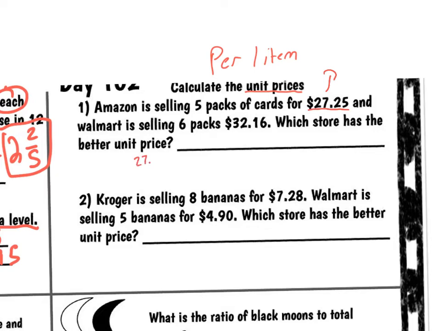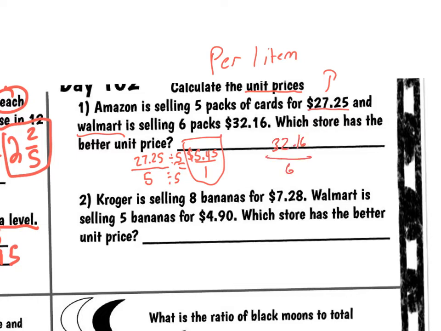So you have $27.25 over 5 packs. Remember, we want it to be per one, so we divide both sides by 5. I'm going to use my calculator to save time for this video. And we get $5.45 per one.